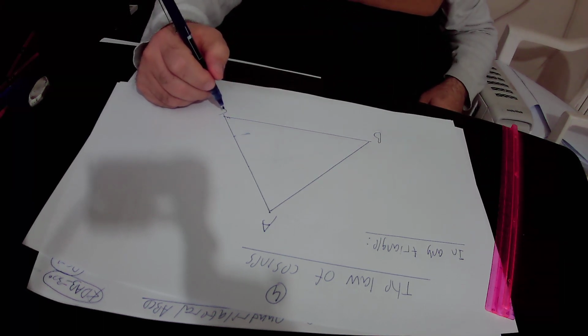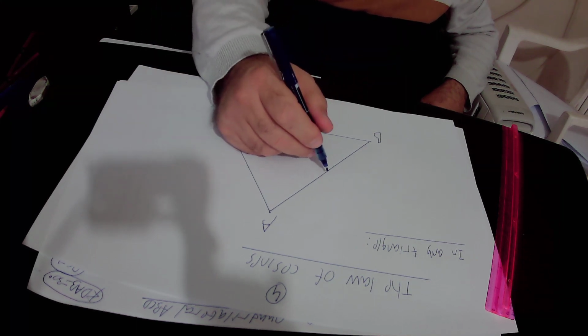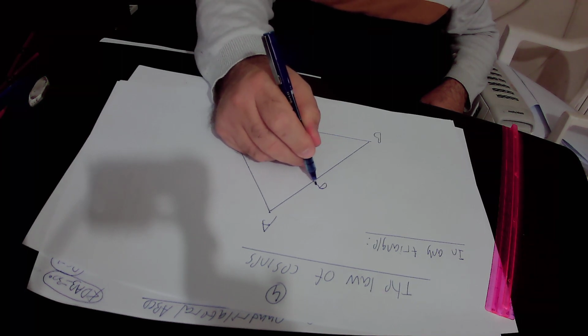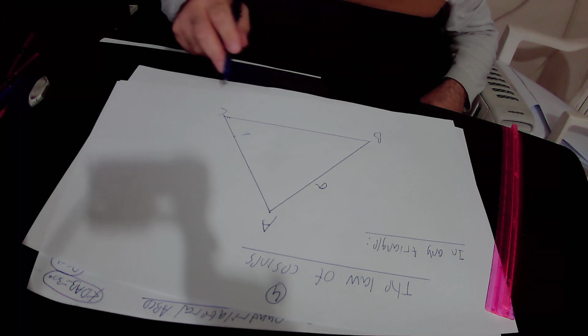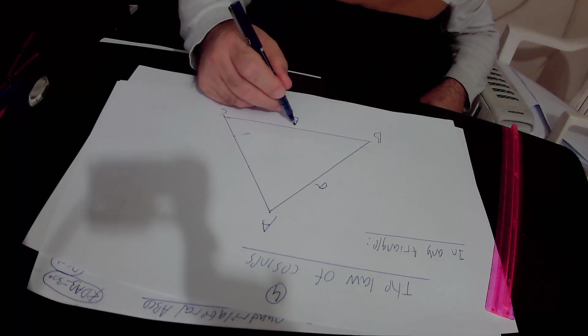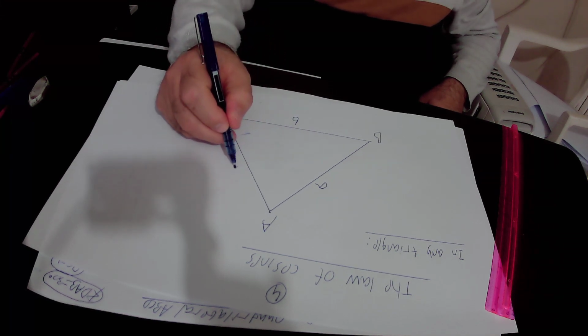And we know that side AB of this triangle equals A units in its length. Side BC of this triangle equals B units in its length. And side AC of this triangle equals C units in its length.